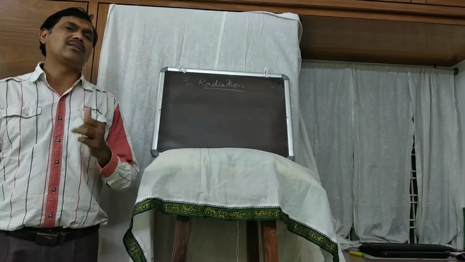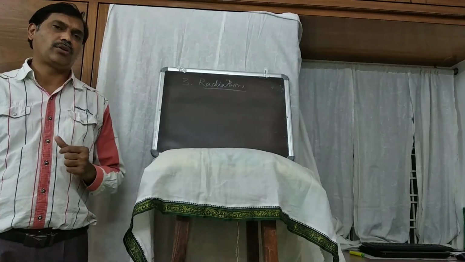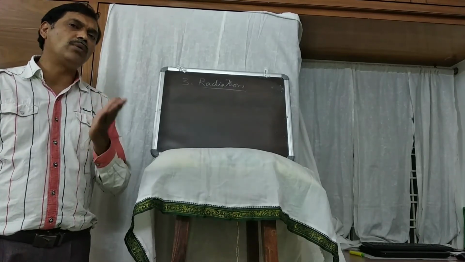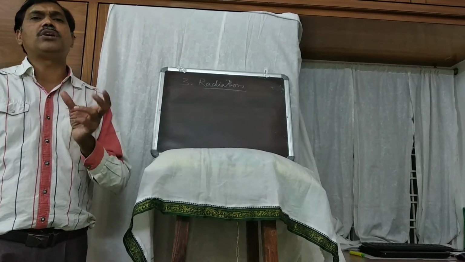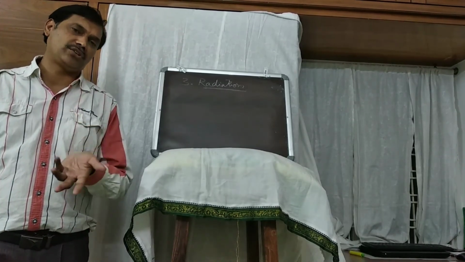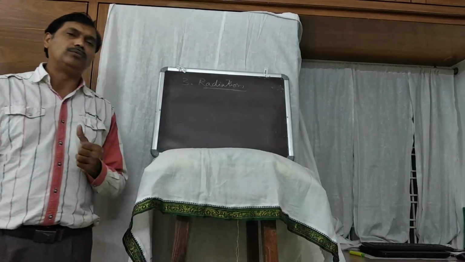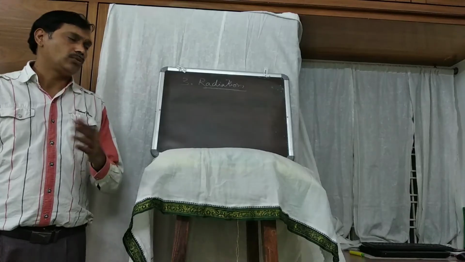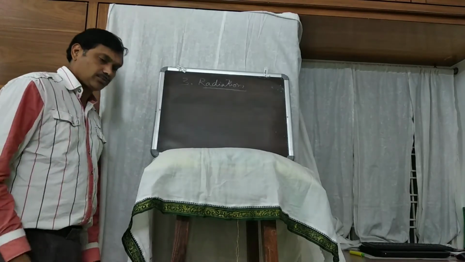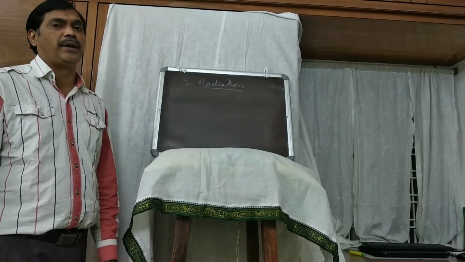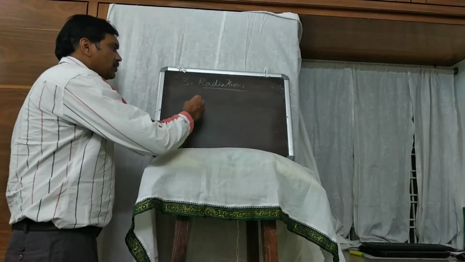What are the examples of radiation? Once again, what is radiation? Heat transfer from one body to another body without the presence of any material medium in between them is called radiation. Clear? On what parameters does radiation heat transfer depend?